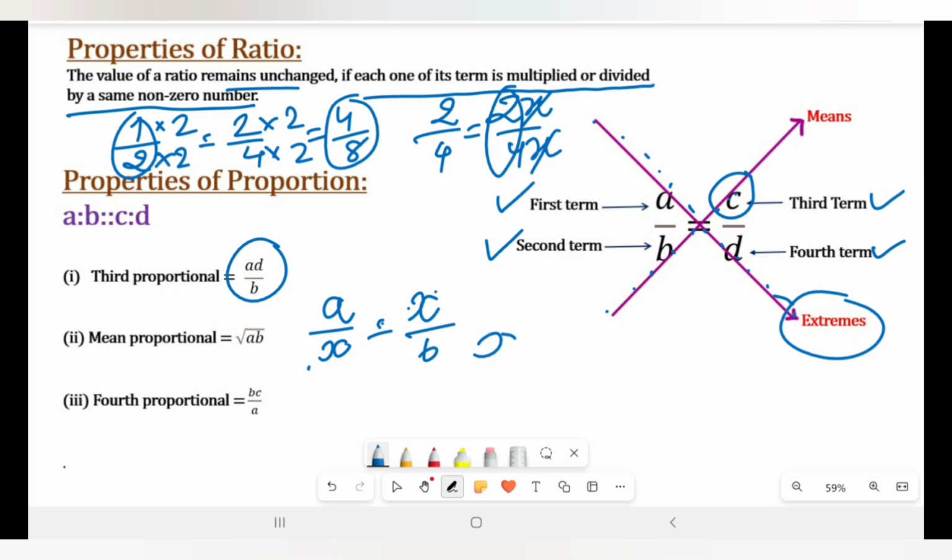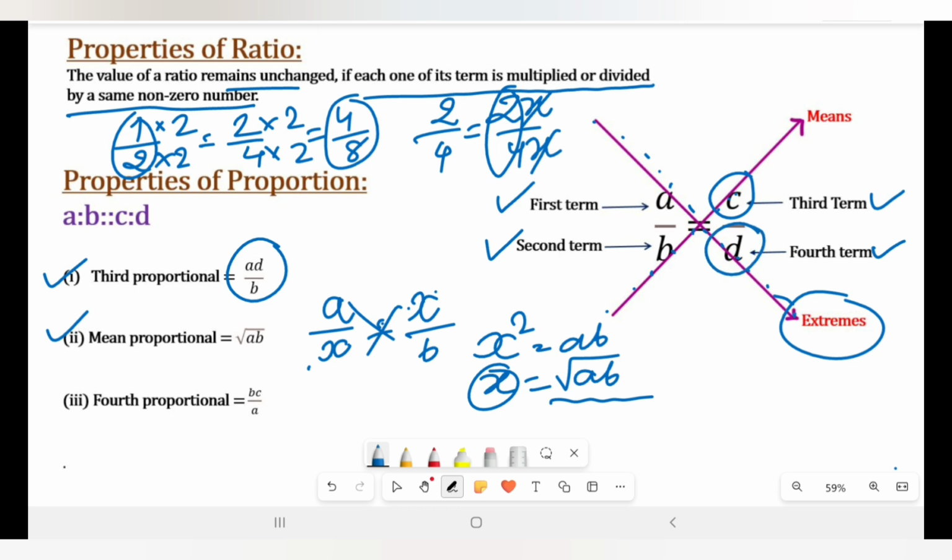Cross multiply both sides, so x square is equal to AB and x is equal to root AB. That's why the mean is equal to root AB. The fourth proportional is the D value, and D here is BC divided by A.